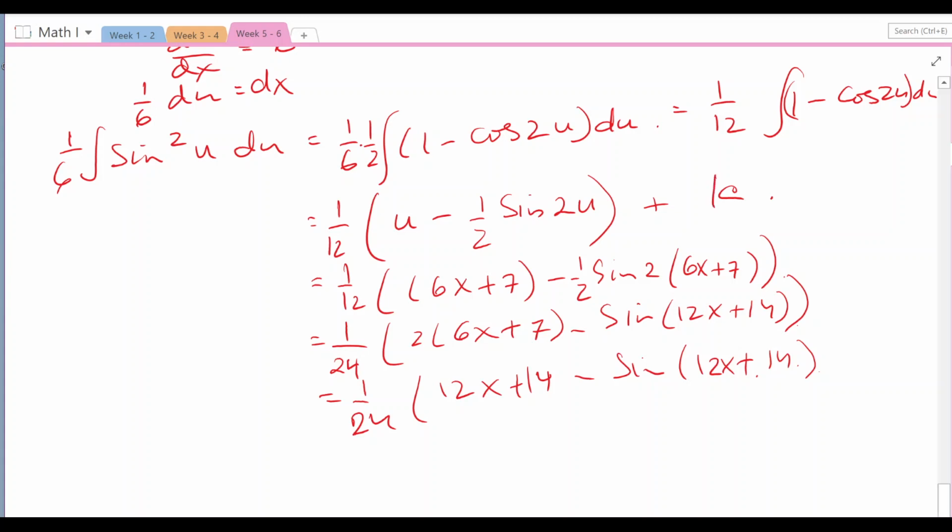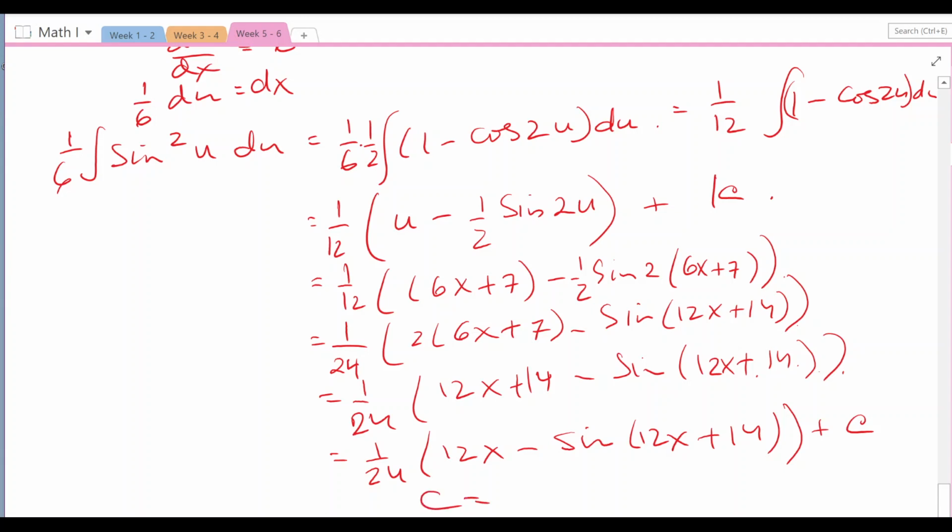We don't use c here, but we can use k. So we can proceed with 1 over 24 times 12x minus sine 12x plus 14 as the answer, plus C, with C being the initial constant there.